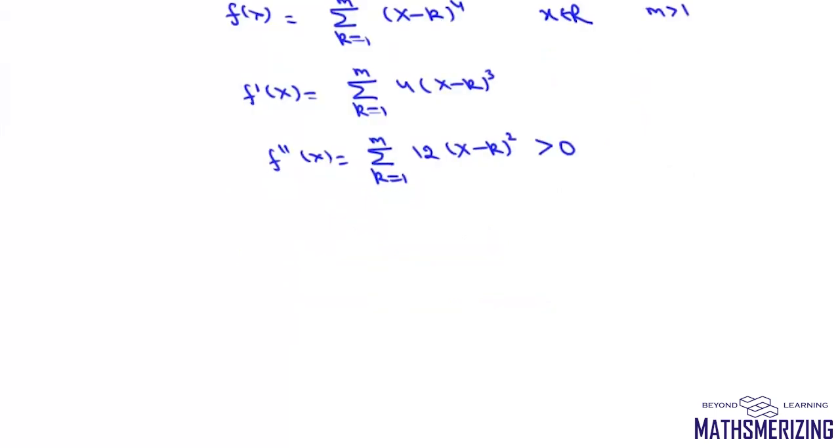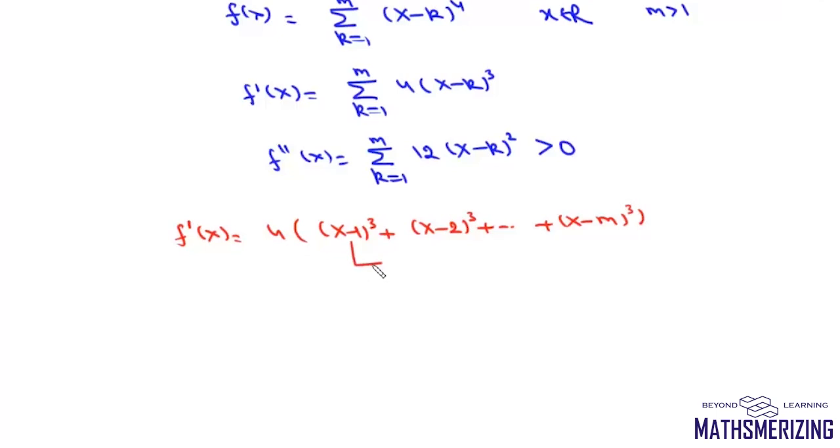Now if we look at this, f'(x) is 4 times (x minus 1) cube plus (x minus 2) cube up to (x minus m) cube.